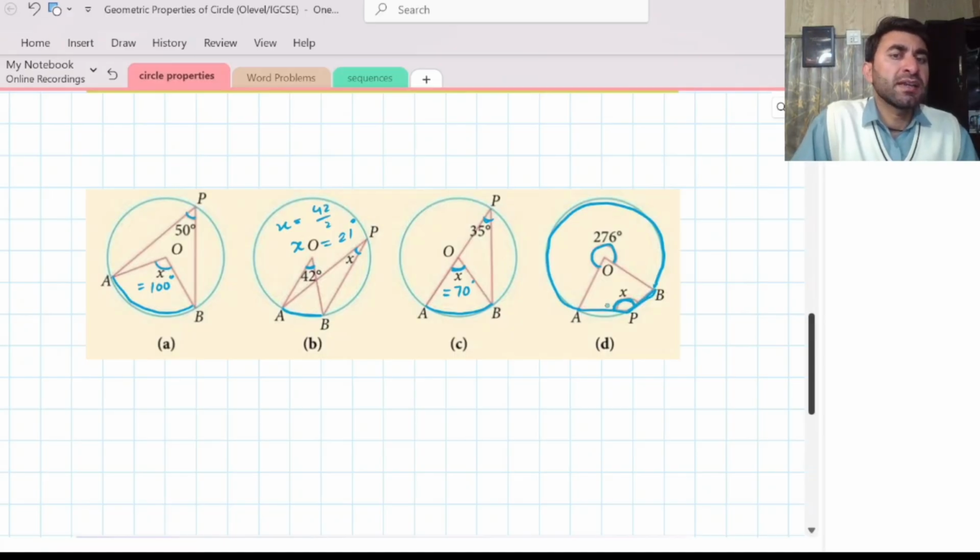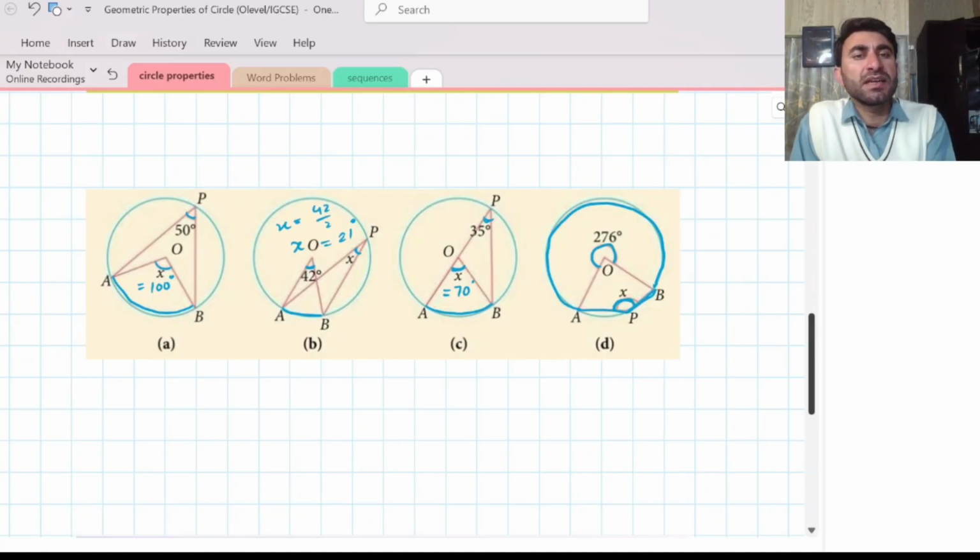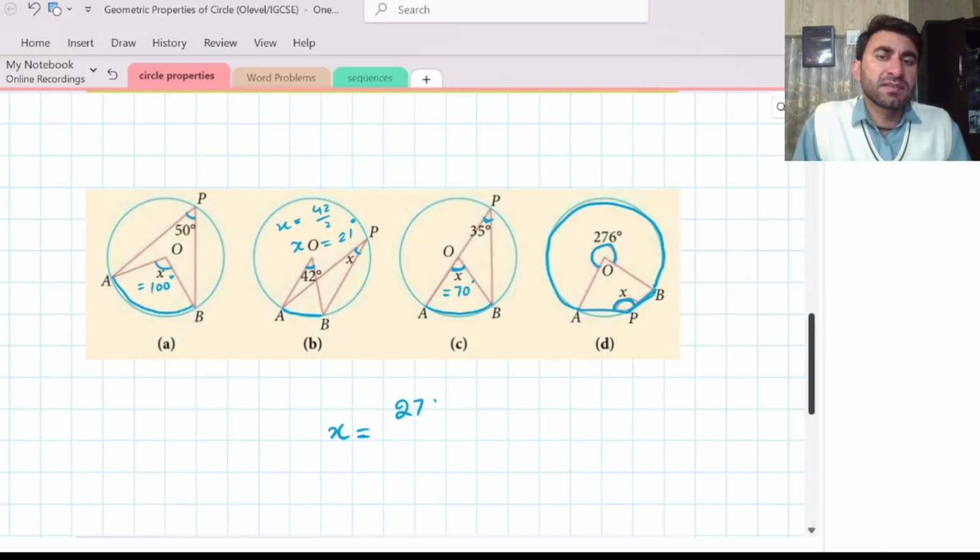So we know angle at the center is double that of angle at the circumference, or the angle at circumference is half that of angle at the center. So it will be 276 divided by 2, and that is 138 degrees. So that is for the D part.